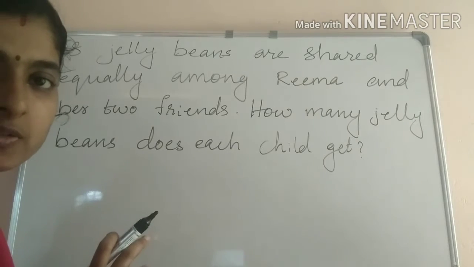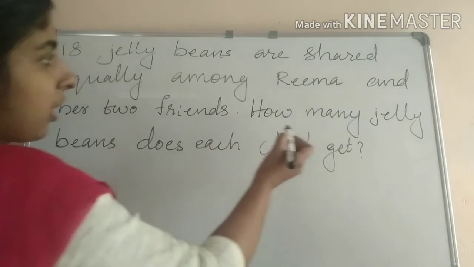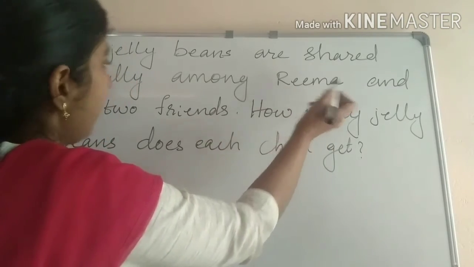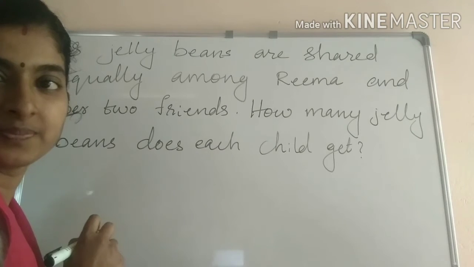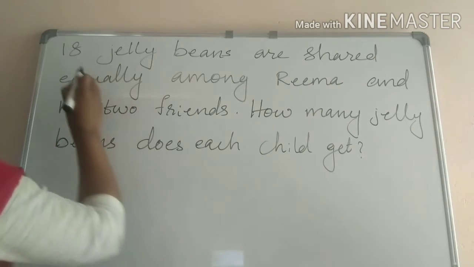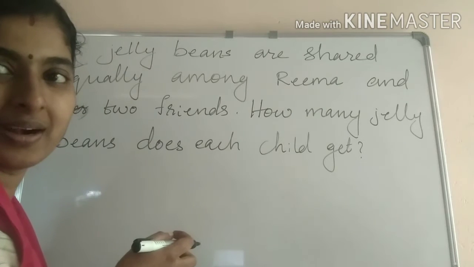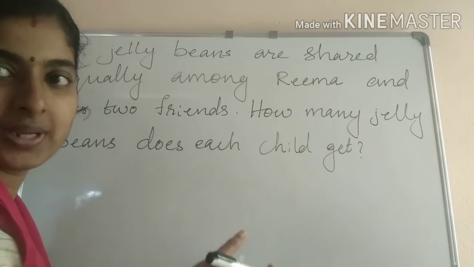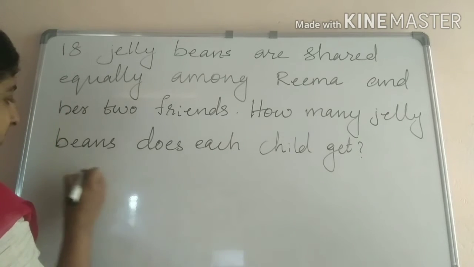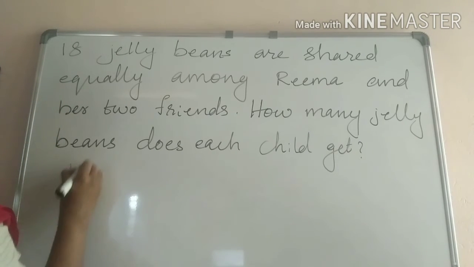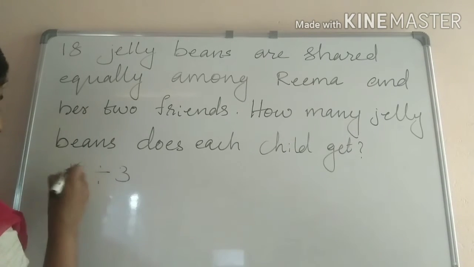How many children are here? Rima is 1 and the other 2, 1 plus 2, 3 children. So these 18 jelly beans are shared among 3 children. That means 18 divided by 3.